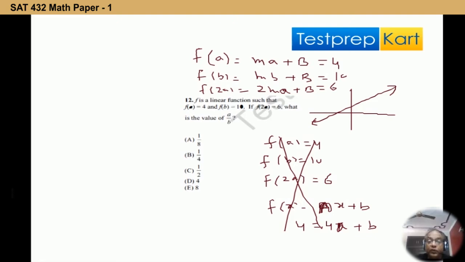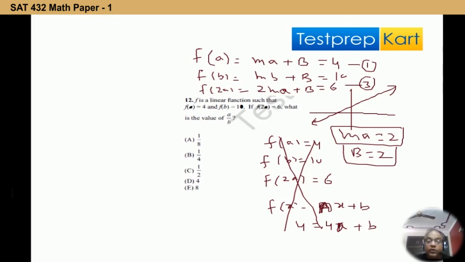So these are three equations, and from the first one and third, if I subtract first from third, I'll get ma is equal to 2. That's my first equation. Substitute ma is equal to 2, and B will be equal to 2.